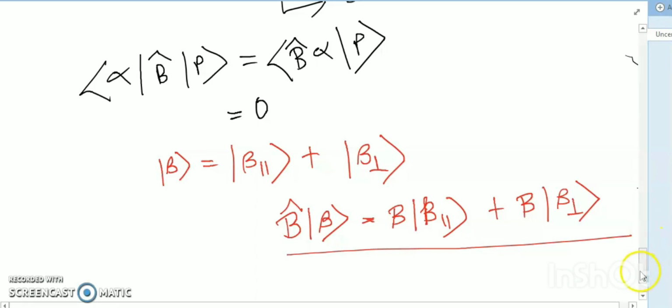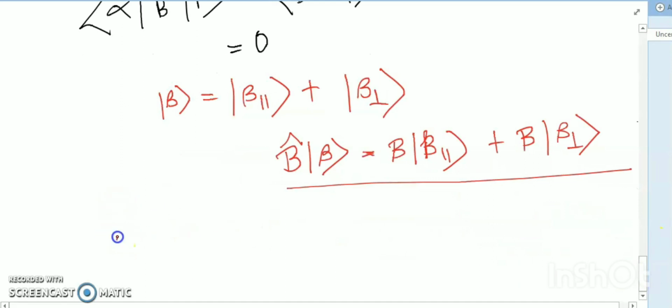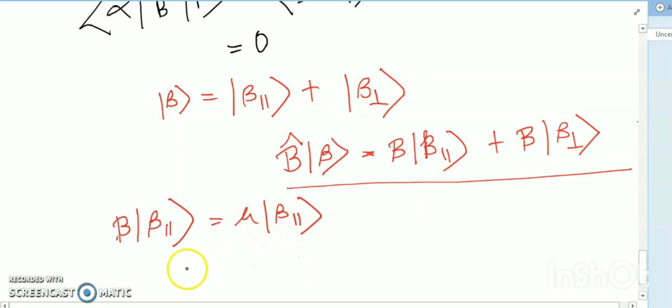So we can write B beta parallel equals mu beta parallel, and B beta perpendicular equals mu beta perpendicular.